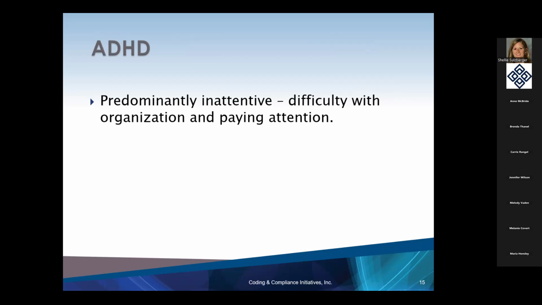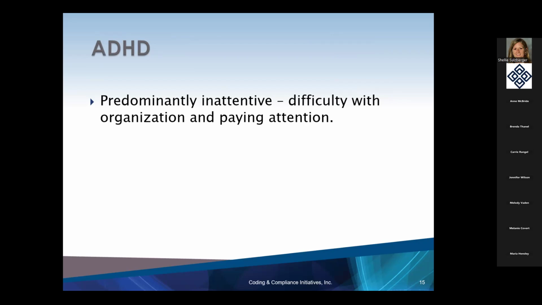Again, I'm not a provider, but I know some information that I looked at indicates that if children have 6 or more symptoms, the diagnosis of the disorder is present, and age plays a part. Did the symptoms begin before 12, or 17 or older? So again, providers are making sure that they're using that criteria appropriately to diagnose to the highest level of specificity.